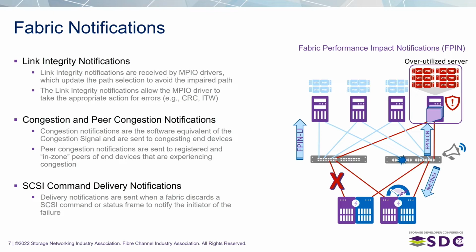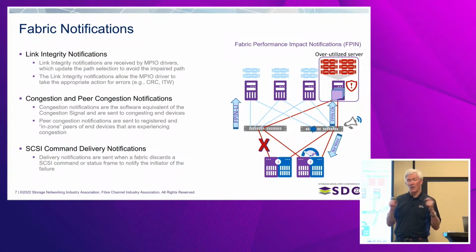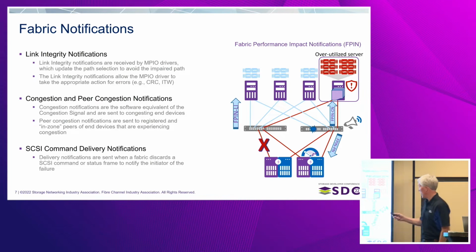And then the source now has the ability to say, oh, I can either retry that, or I can just simply say, that I/O has failed, and then let the upper layer take care of it. The intent of that particular notification is to reduce that upper level timeout that is going to be more like a 30-second timeout to something into single-digit seconds. So the intent there is really to get a response or an action much more quickly than we have in the past.